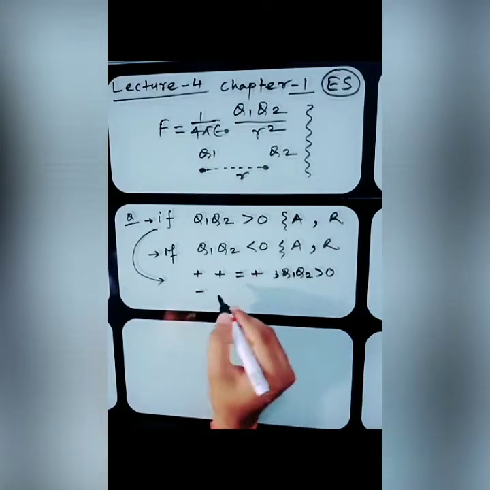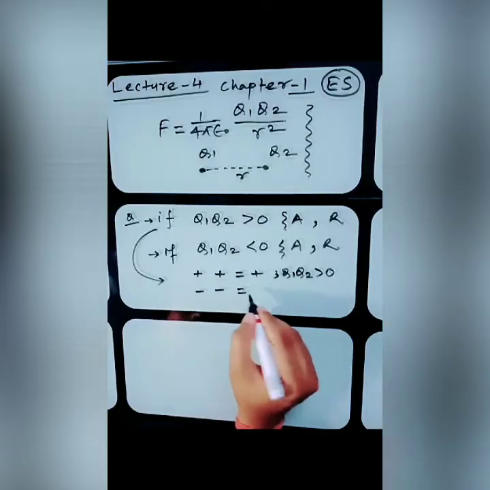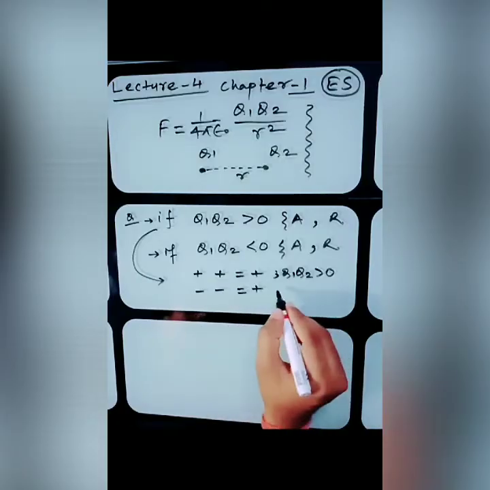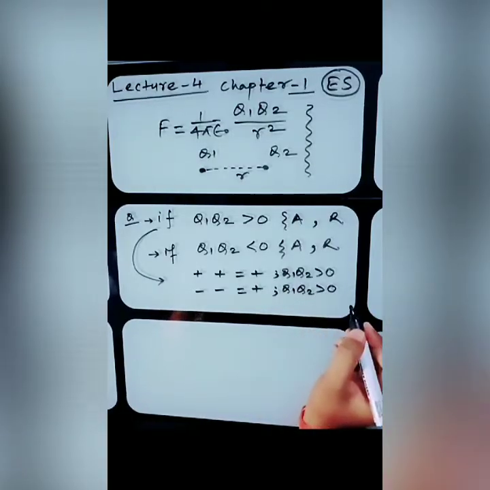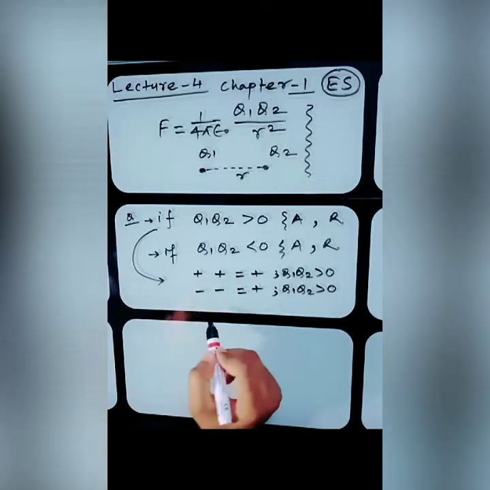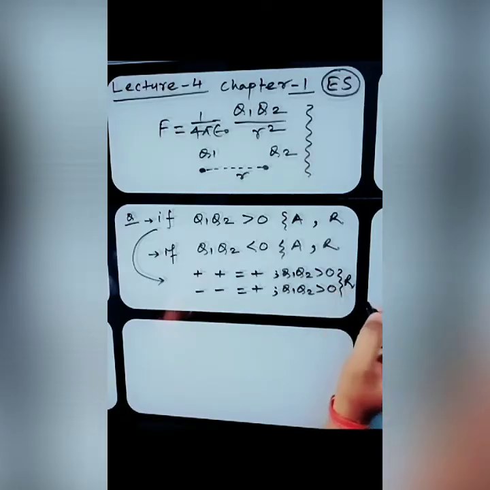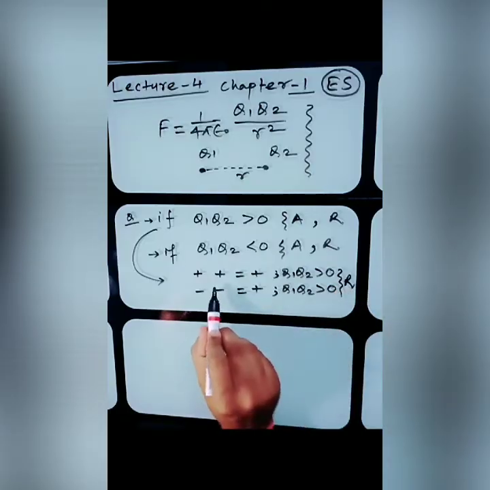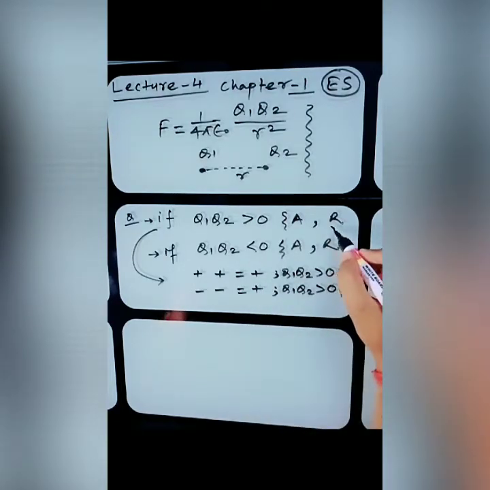Or Q1 and Q2 are both negative, then the product is also positive. In this case, both charges are positive or both negative, that is similar charges, so the force must be repulsive. If the product Q1 Q2 is positive, the force will be repulsive.